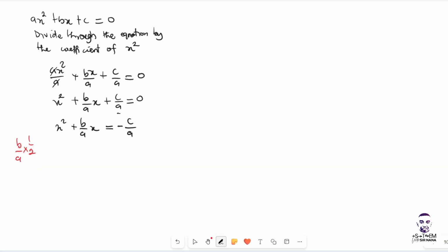So b multiplying 1 will be b, then a multiplying 2 will be 2a, and then we square it. It's a process we do on the side, and then we add it to both sides of the equation. So we are going to have x squared plus b all over a x plus b over 2a all squared is equal to minus c over a plus b over 2a all squared. So we've added it to both sides of the equation here.